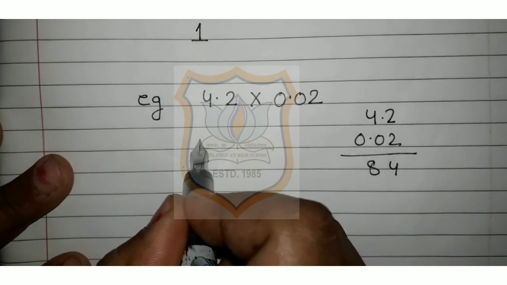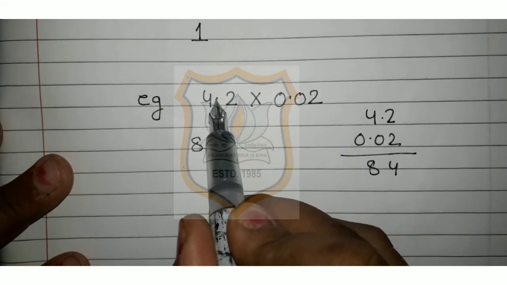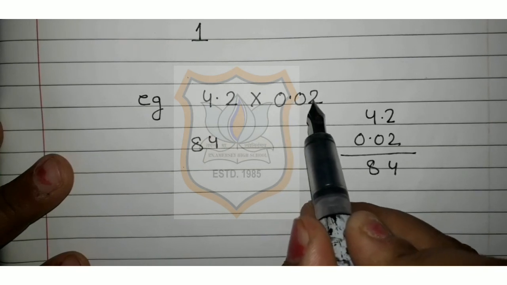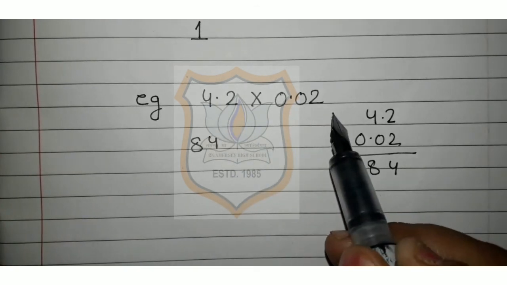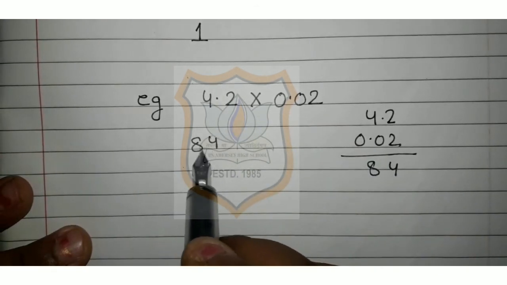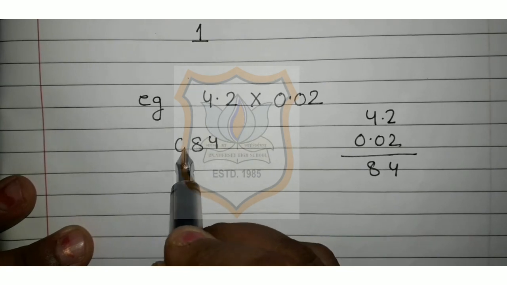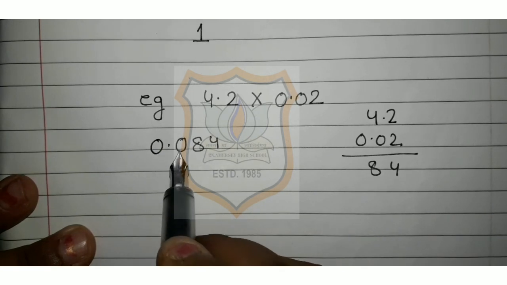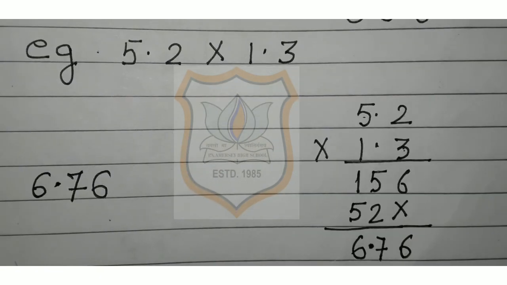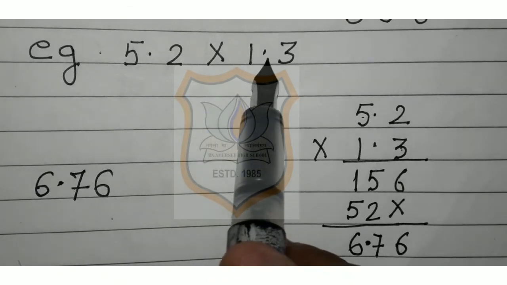Now see, in 4.2 the decimal is after one digit, and in 0.02 the decimal is after two digits. So the total will be 1 plus 2, that is equal to 3. Now in 84 there are only 2 digits. So we have to put the decimal after 3 digits. So 4, 8 and then we will put 0 here and the decimal here. So our answer will be 0.084.